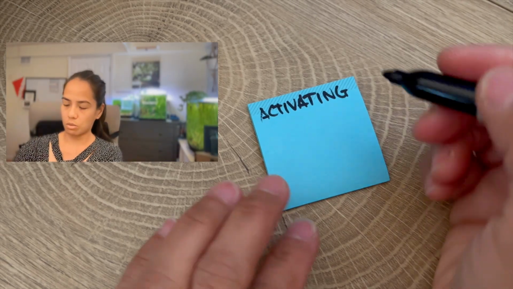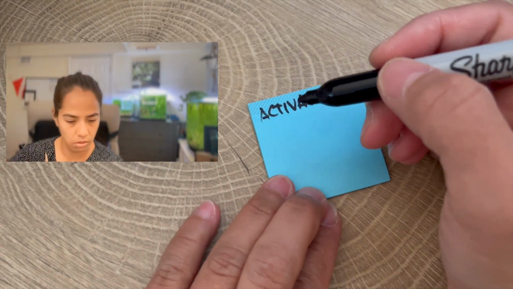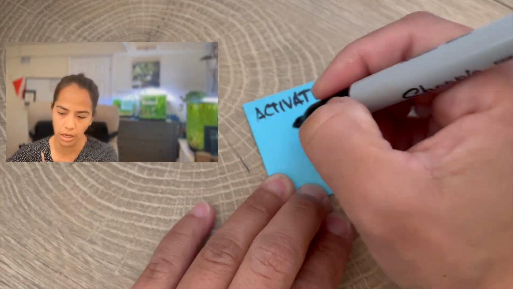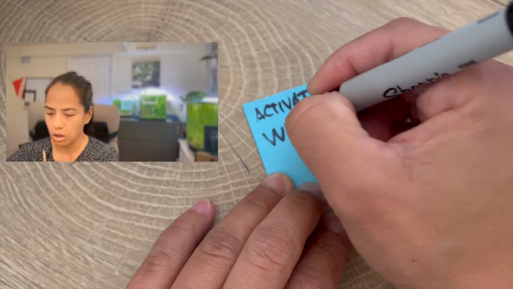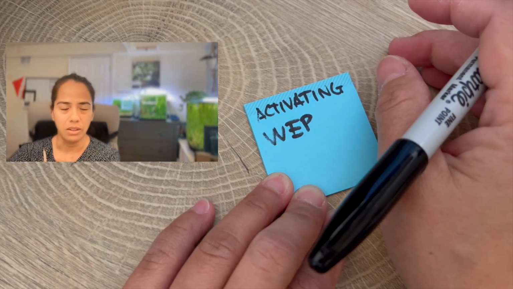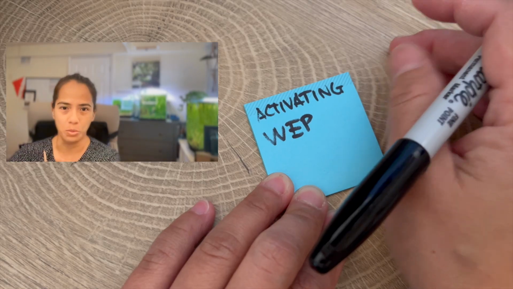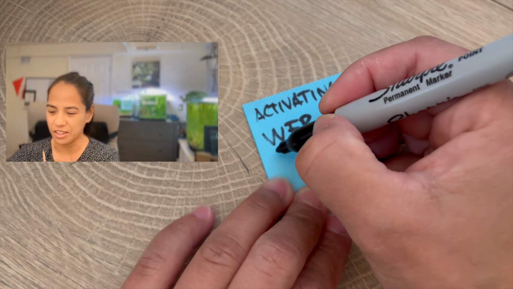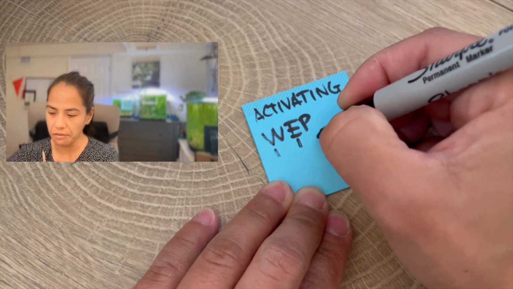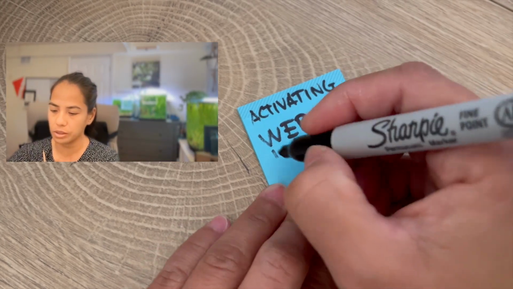So this is one of the ways that I was able to memorize it. For activating, we've got WEP. Let's go, right? Activating: Wellbutrin, Effexor, and Prozac.